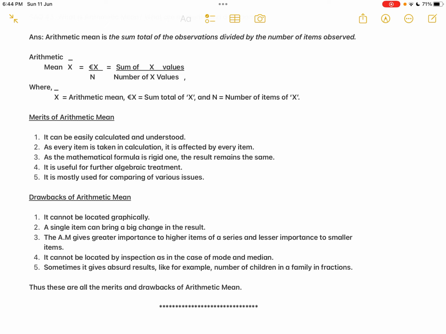It should be very easy to calculate, so the person calculating the average can easily understand it. There should not be any elaborate mathematical processes involved.